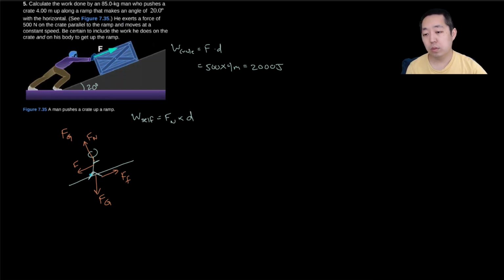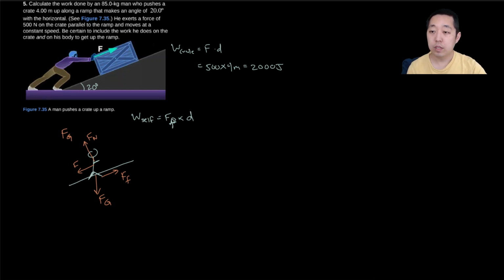When you're doing a problem with work, you have to identify who's doing what work. The normal force is done by the ground. This is done by the box. This is done by gravity. Friction's kind of the only force we could say he does, but it's really the work done by friction, so I don't like the wording of this too much. But let's attribute the work that he does to be the work done by friction.